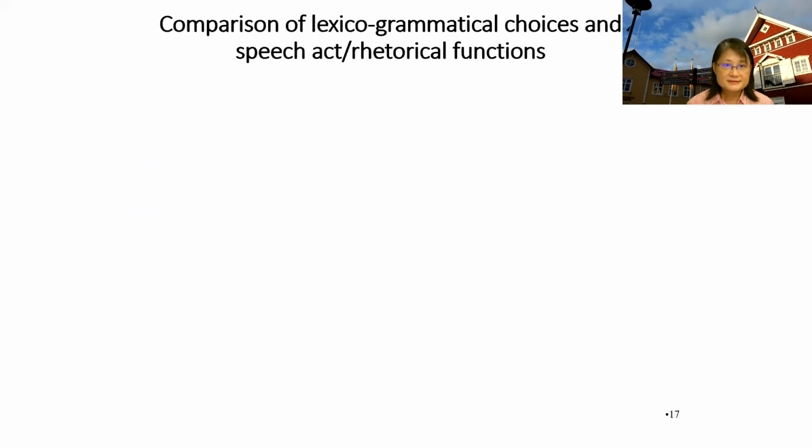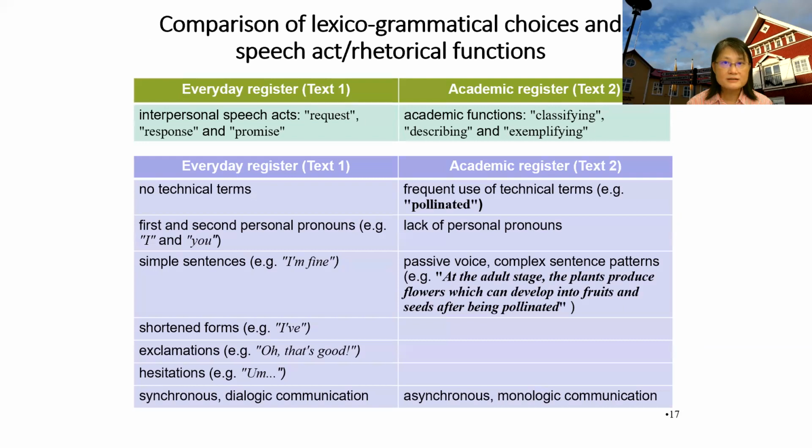So now we can compare. This is important to help raise students' awareness of the different features of everyday register from academic register. So everyday registers, for example, conversations, usually have no technical terms. But academic text usually has technical or more academic terms.